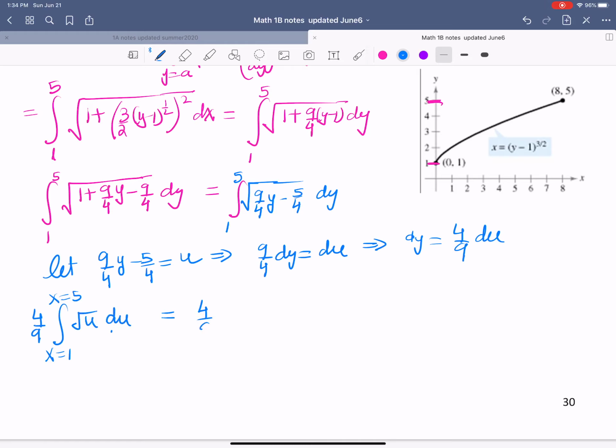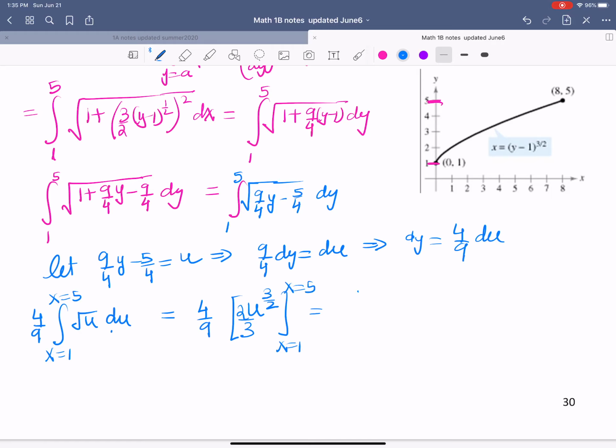So when I do the integral, this is going to turn out to be u to the power 1/2 plus 1, which is 3/2, and I will be dividing by 3/2, which is the same thing as multiplying by 2/3.